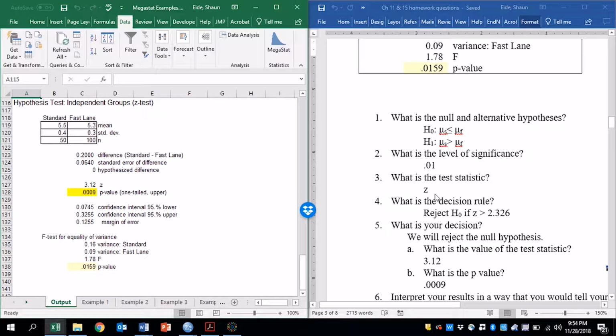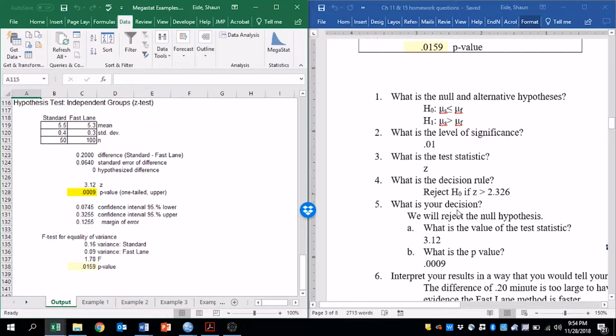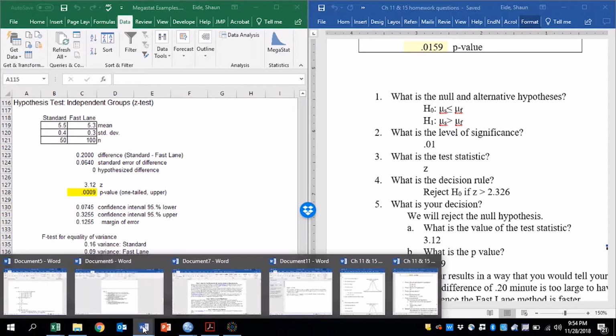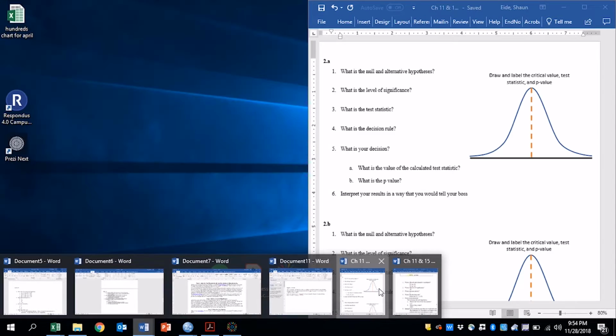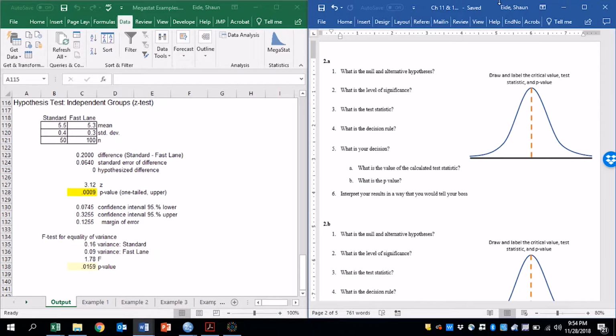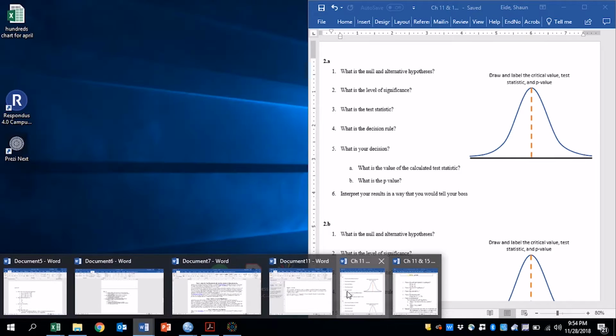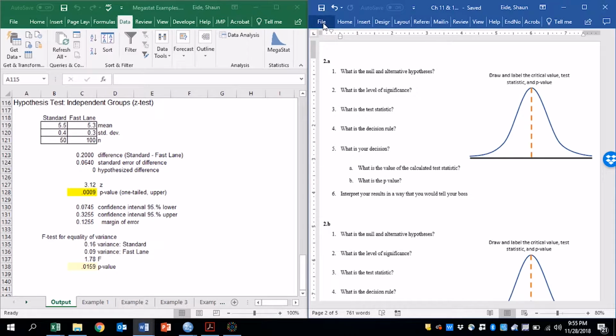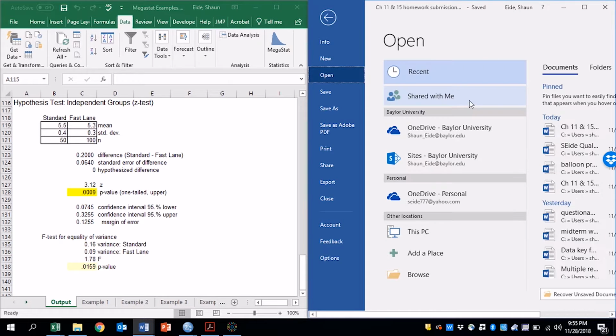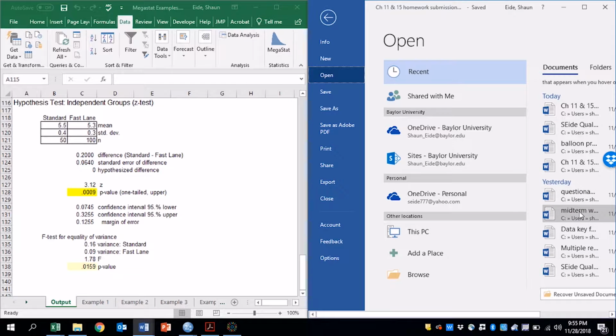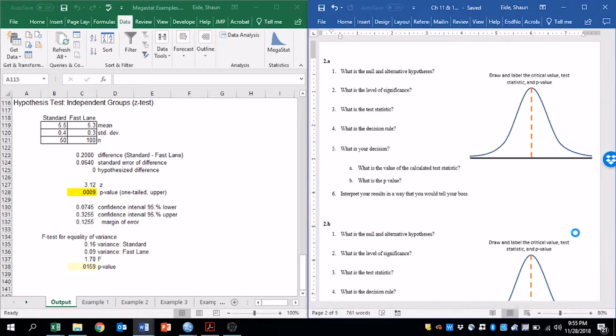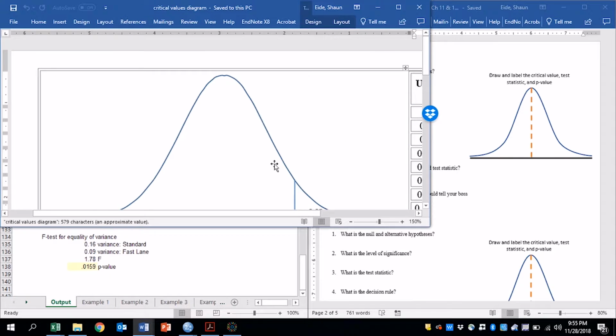So what is the test statistic that we're using? The test statistic that we're using is Z. And then the decision rule. Before we can do the decision rule, we need to find out the critical values. Let me pull this up really quick. Let's see, file, open, here we go, critical values.